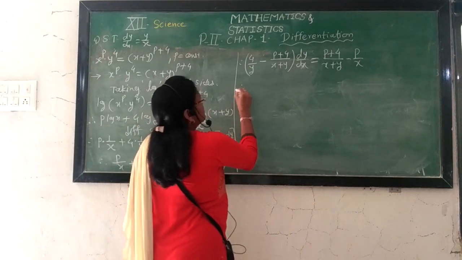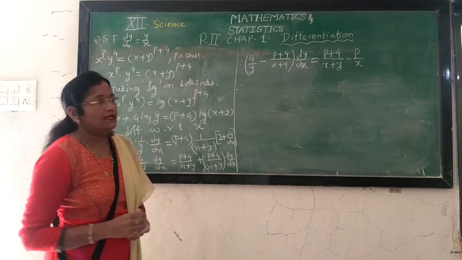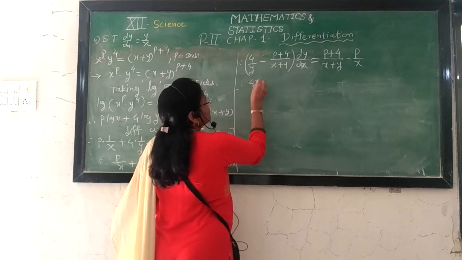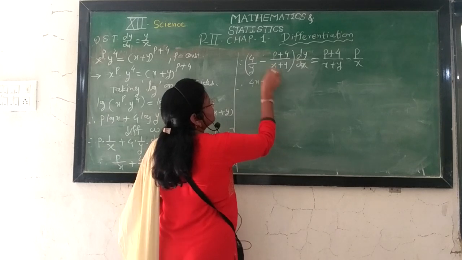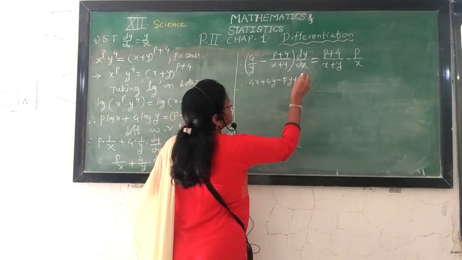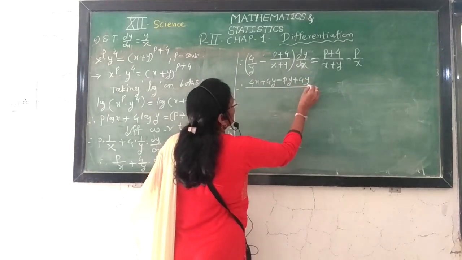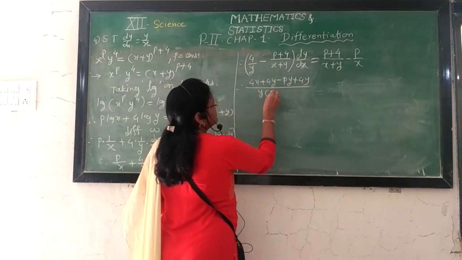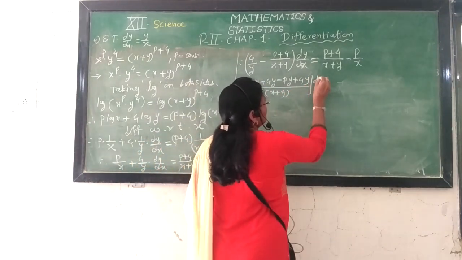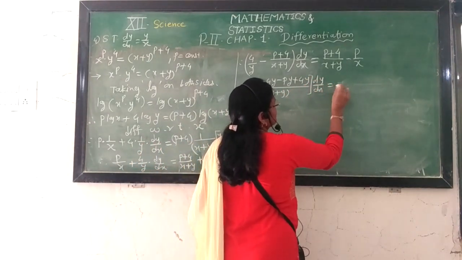Now take cross multiplication and taking LCM. On the left side we get 4x plus 4y minus py minus 4y whole divided by y into x plus y, that term having the coefficient dy by dx.